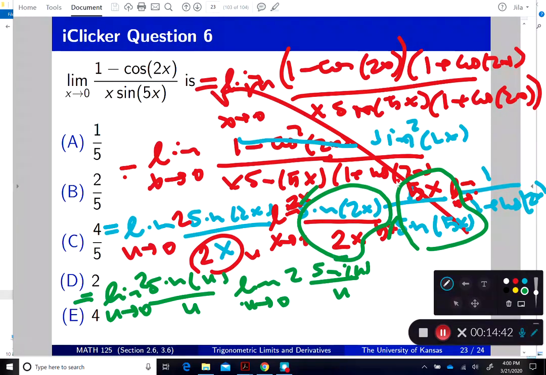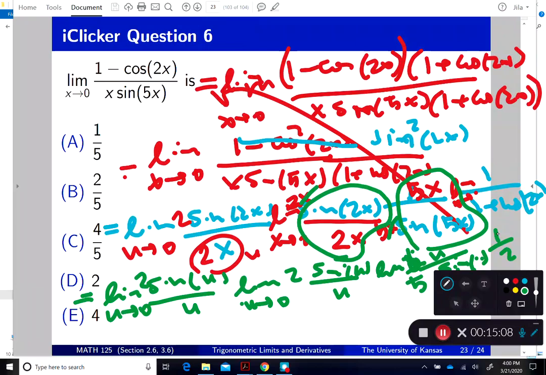And then over here I will have the limit, where 5x is the u, of u over sine of u, 1/5 of that, times this one which is only 1/2.